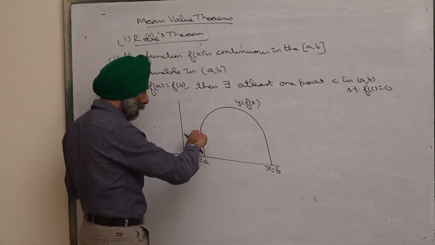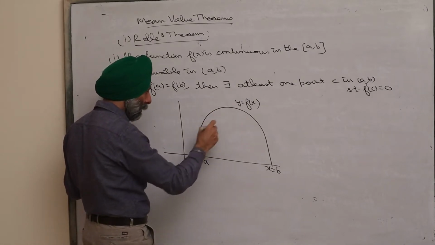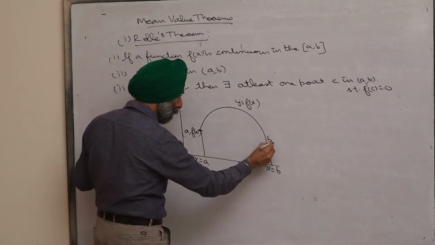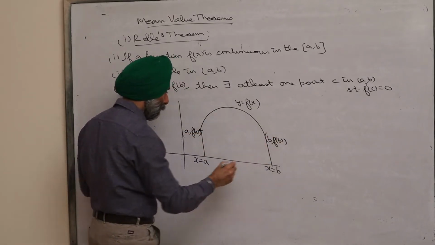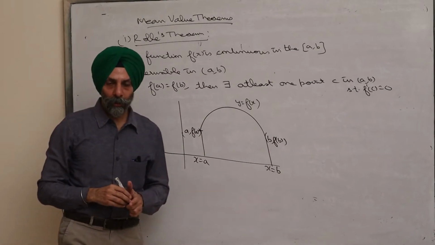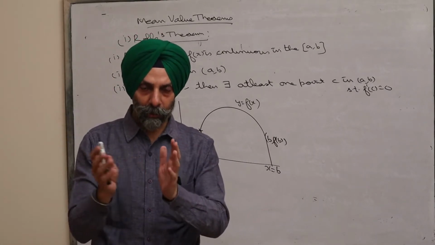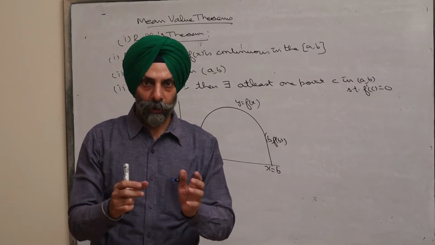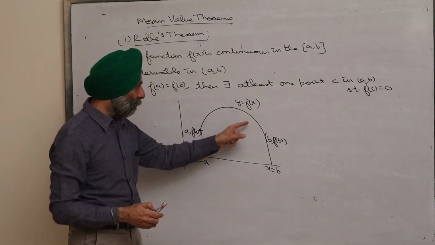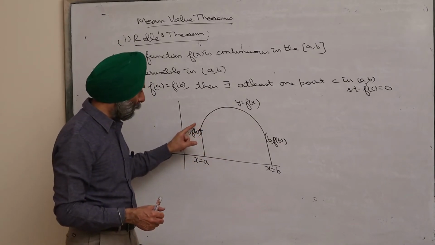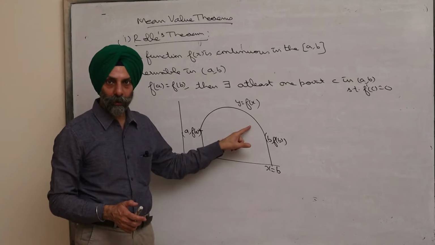Now you can see here this is continuous, this is derivable, and f(a) is equal to f(b). What do you mean by it? When we say that the function is differentiable in this interval, that means at each and every point within this interval the function is differentiable, meaning that a tangent exists at every point.